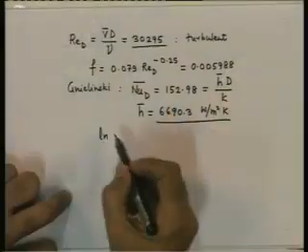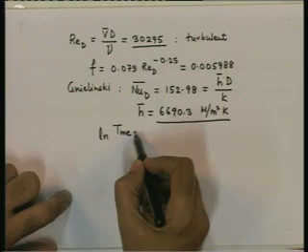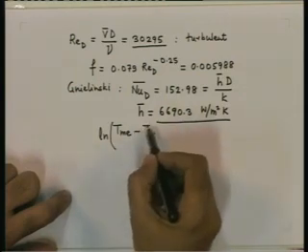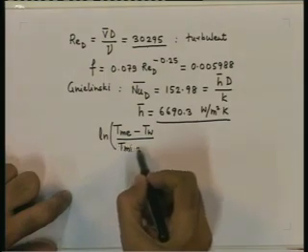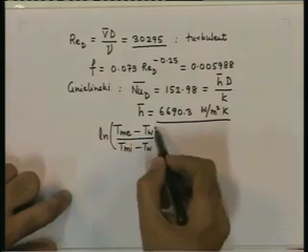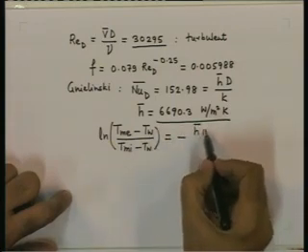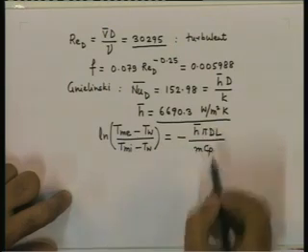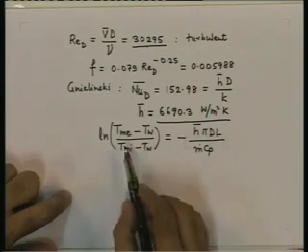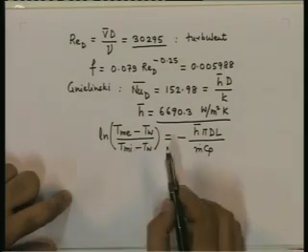Now we have our relation for a uniform wall temperature situation, log of Tme minus T wall divided by Tmi minus T wall equal to minus h bar pi d L by m dot Cp. Now we have been specified Tme, Tmi, Tw, left hand side is known.